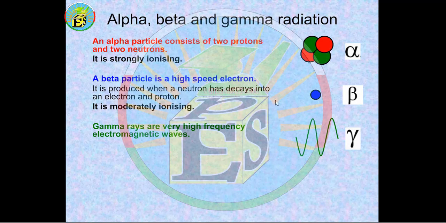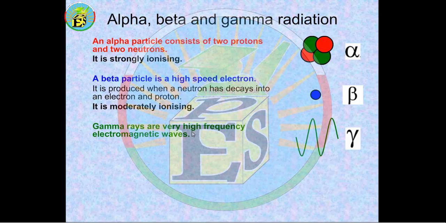We said before that neutrons don't have a charge, but we have discovered that when the neutron decays, we have a proton and an electron, positive charge and negative charge, so the neutron has no net charge. This decay gives a beta particle, which has less mass than alpha particles.